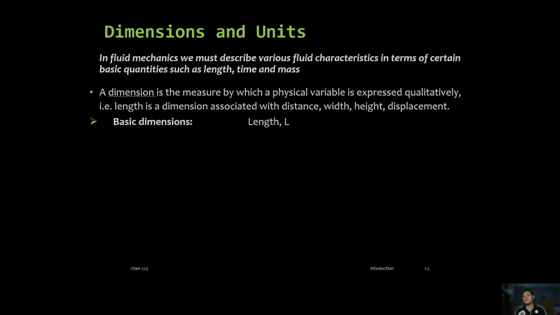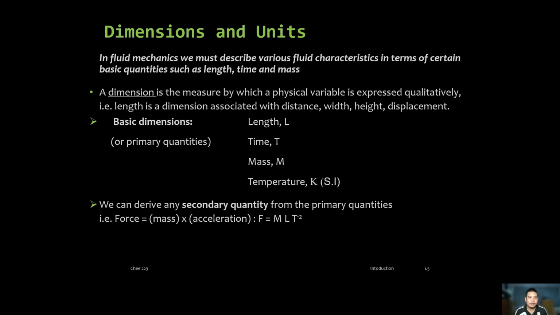For example, length is a dimension associated with distance, width, height, and displacement. The basic dimensions are length L, time T, mass M, and temperature K. In SI units, we can derive any secondary quantity from the primary quantities.